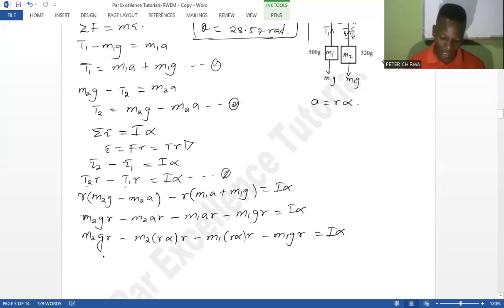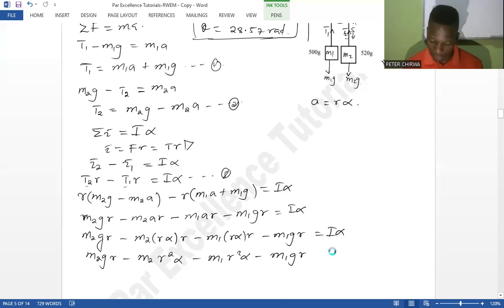So we have minus m2 r squared alpha minus m1 r squared alpha, minus m1gr equal to I alpha.